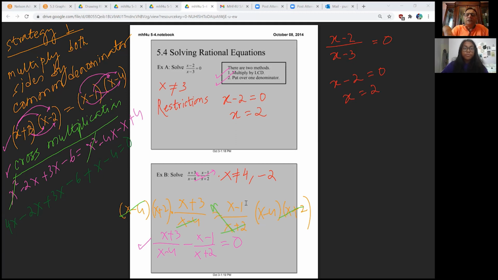Now we'll combine the terms. 4x plus 3x is 7x, minus 2x is 5x, plus x here, 6x. As far as the numbers are concerned, we have minus 6 and minus 4, which gives us minus 10 equals 0. And so x is equal to 10 over 6, which is 5 over 3, correct?